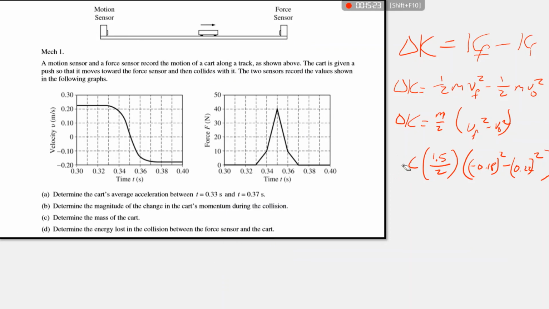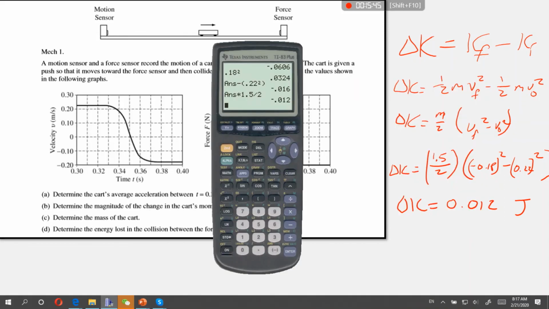So my change in kinetic energy is 0.012. What are my units? Joules. Try to figure out what I did there before I move on.